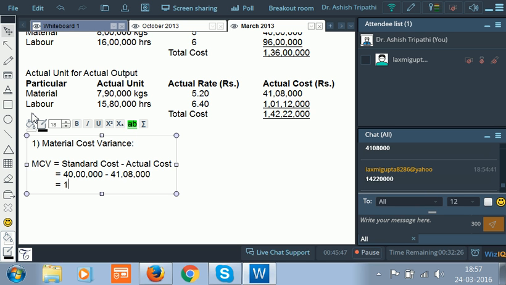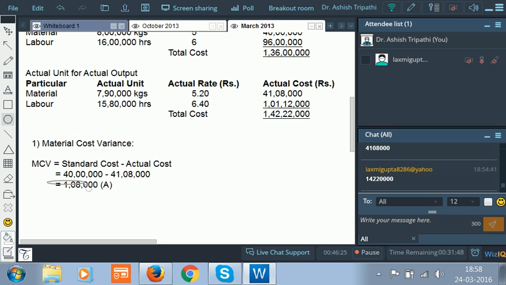So that will give us 1 lakh 8,000, and this is negative. So we will say adverse. So the first thing which we calculated is material cost variance.